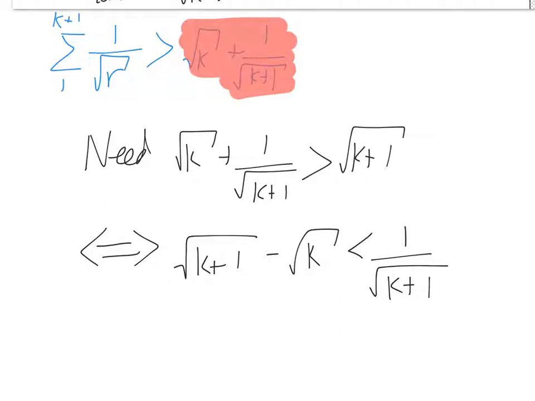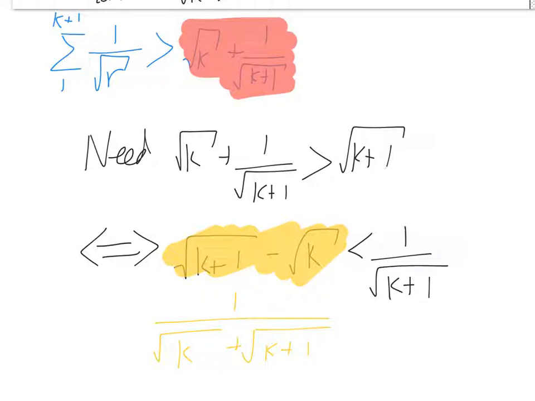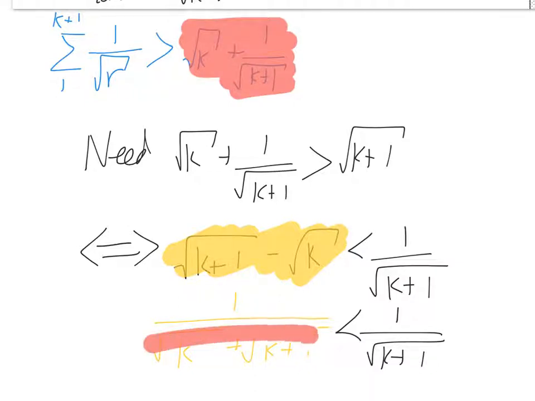But in part A, we saw that this was equal to 1 over the root of k plus the root of k plus 1. Now that is definitely smaller than 1 over root of k plus 1 for the same reason we were saying before. The denominator is bigger. This denominator is bigger than this denominator, so the fraction, the gold fraction, is smaller than the black one.